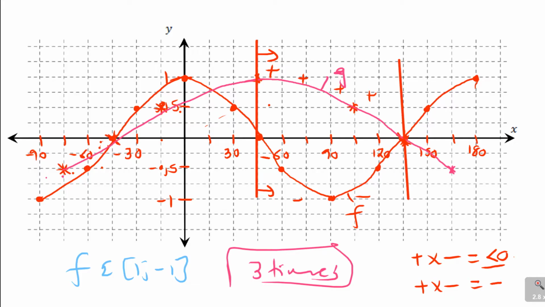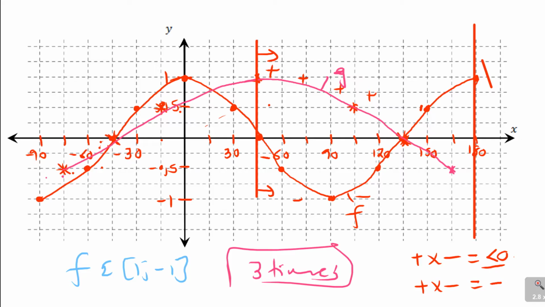That's where that thing changes. From here, still continuing. Let me see what I'm having here. Until, okay, interesting. The graph until where? Until there.